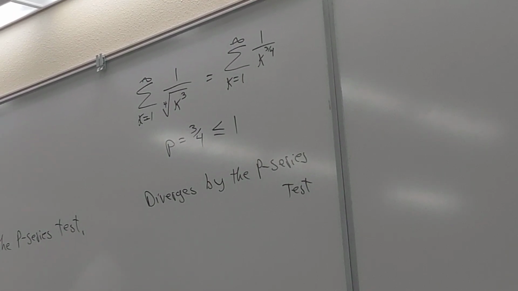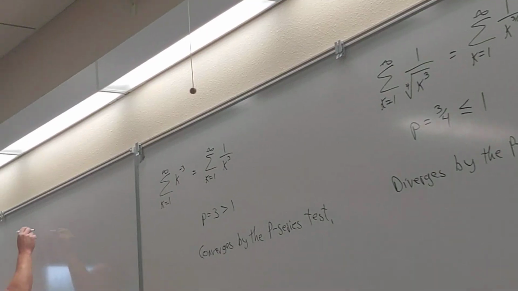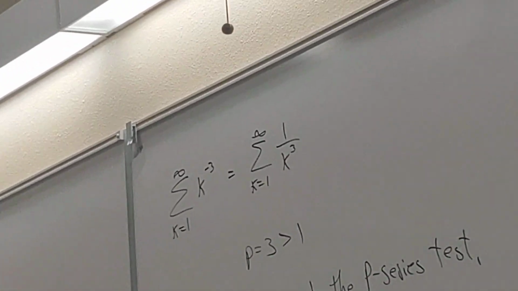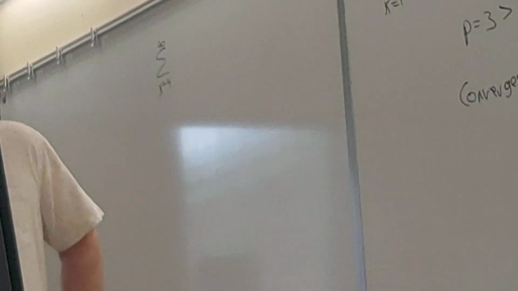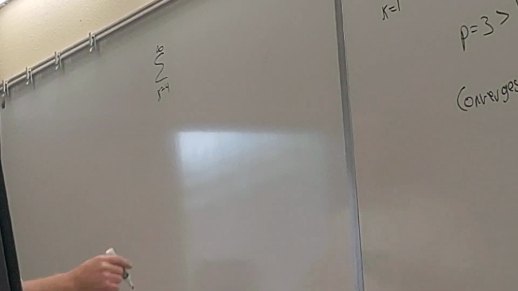One more. And we're going to start our spring break. The sum as k equals 4 to infinity of 1 over k minus 1 squared.